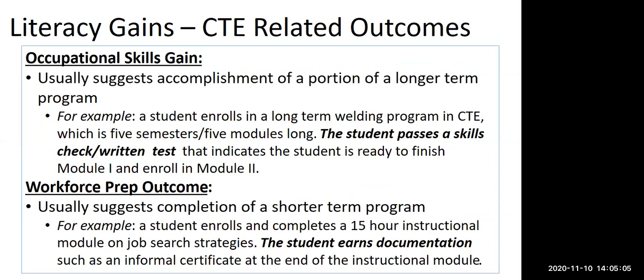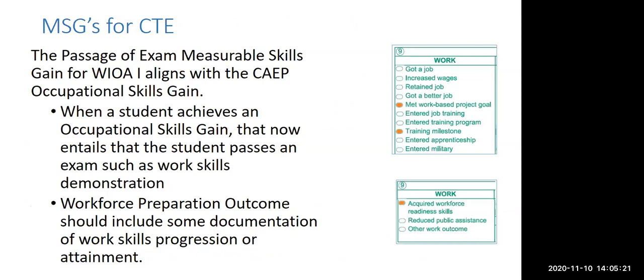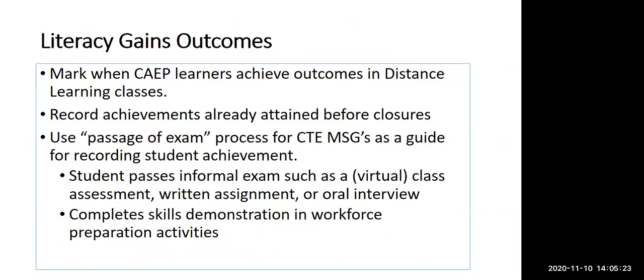Then you might say it rises to the level of post-secondary. So you wouldn't mark a literacy gain anymore. You would mark earned occupational certificate or earned occupational licensure. In that case, it would be a post-secondary outcome rather than a literacy gain. Good question.